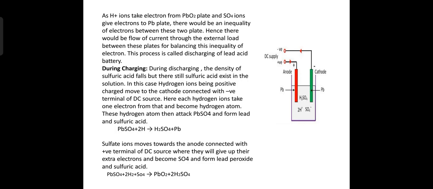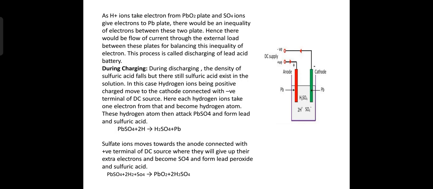In charging, hydrogen ions, being positively charged, move to the cathode connected with the negative terminal of the DC source. Here each hydrogen ion takes one electron and becomes a hydrogen atom. These hydrogen atoms then attack PbSO4 and form lead and sulfuric acid.